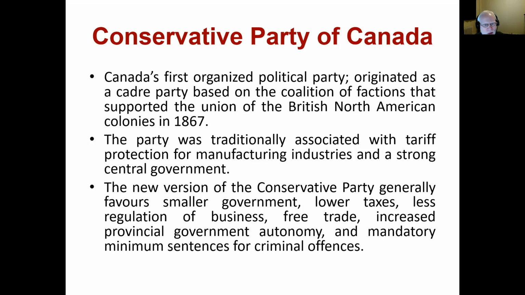So in this case, if we view it as moving right, a strong central government and tariff protections for manufacturing is more of a centrist, if not slightly left of center perspective early on. And now we would have the Conservative Party as our center right to right wing party, depending.